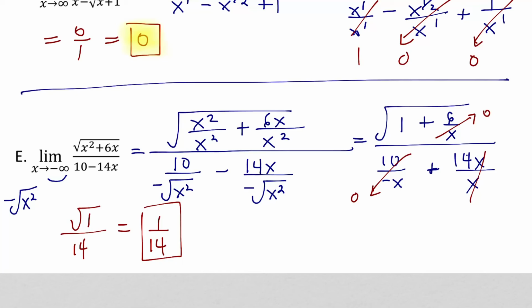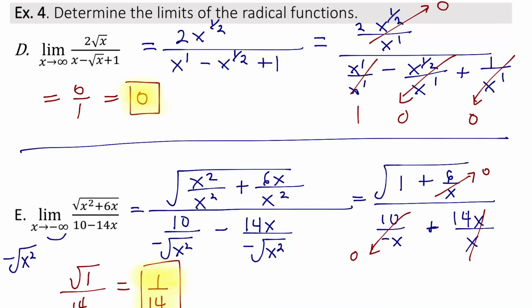So I've got this asymptote. Whenever we end up approaching a real number at negative infinity and positive infinity, we've got asymptotic behavior. So we've got a horizontal asymptote out here when x approaches negative infinity, and here we're approaching a horizontal asymptote of 0 as x approaches positive infinity.